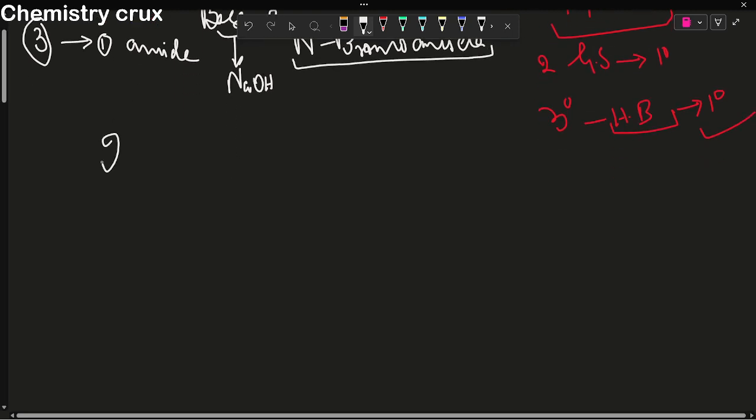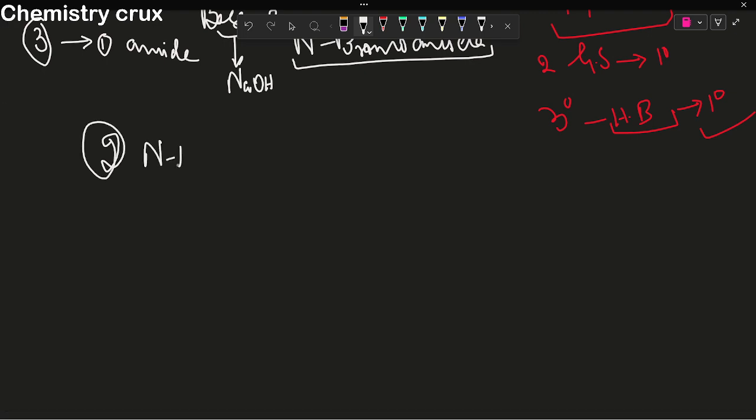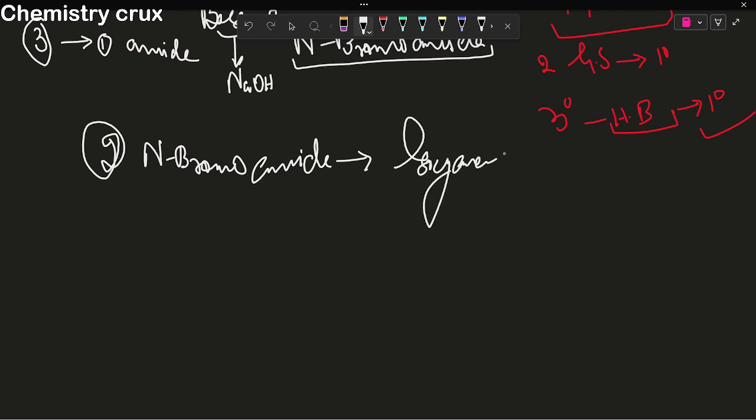The second step of the reaction is conversion of N-bromoamide to isocyanate. I know my handwriting is a bit dirty, but I hope you can understand that.